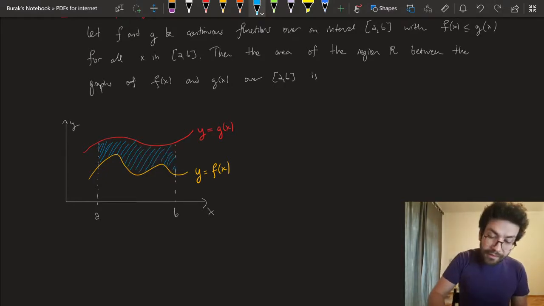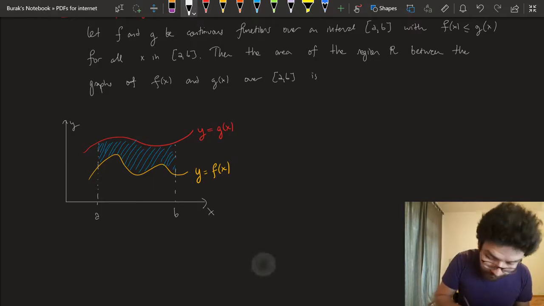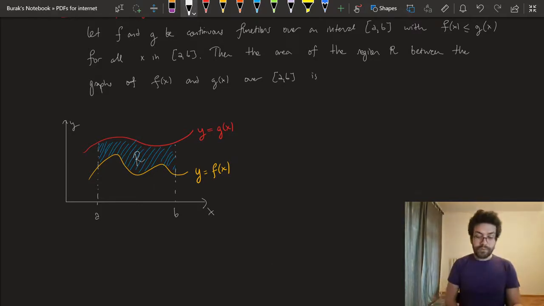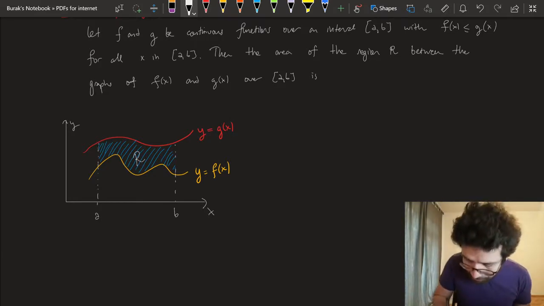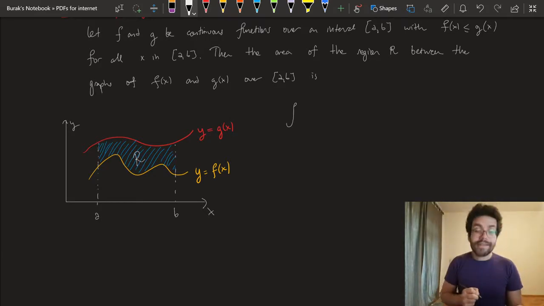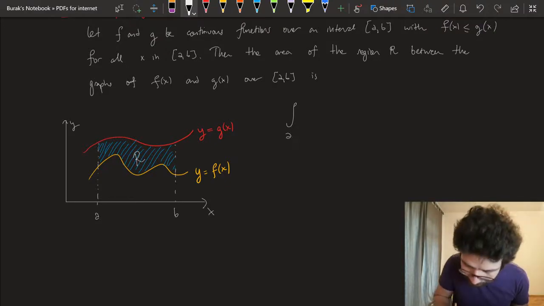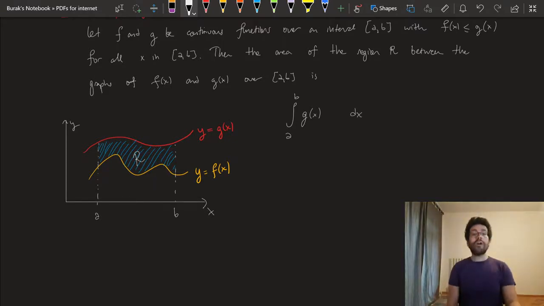So I want to find the area of this region R. How do I do that? Now, the area under the curve y equals g(x) over the interval [a, b] is given by the definite integral of g over [a, b].